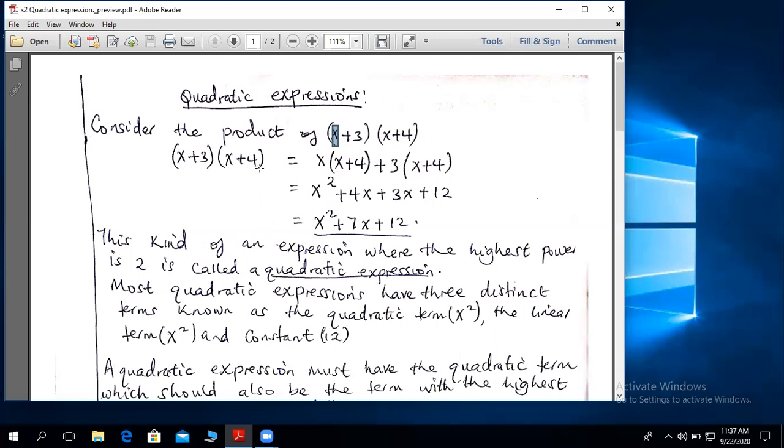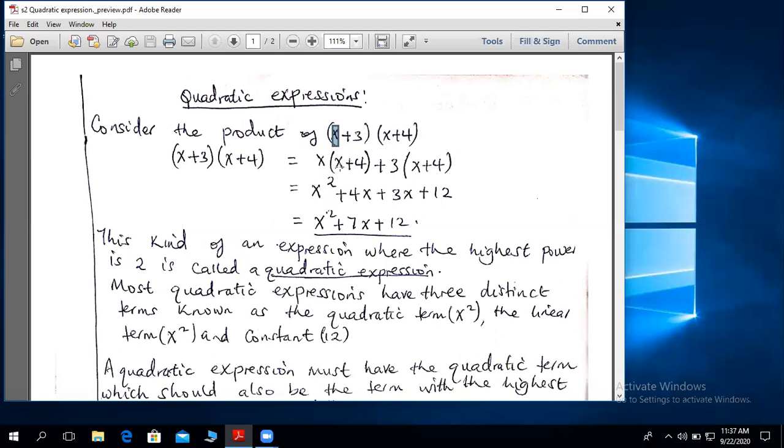Now when we open brackets, we are going to have x times x. I want to say this: x times x is not 2x. It is x plus x that gives you 2x.